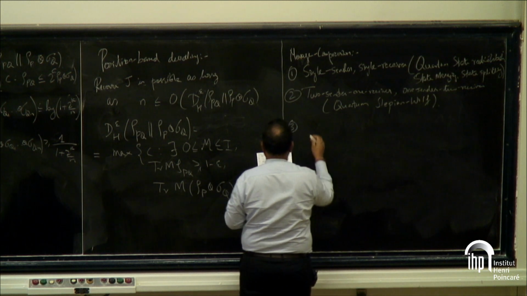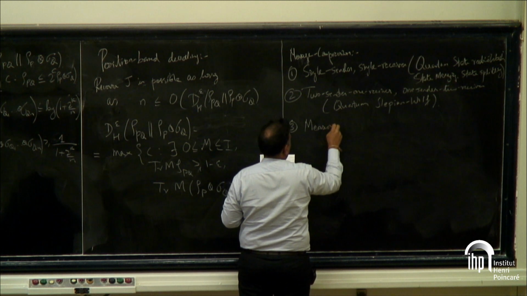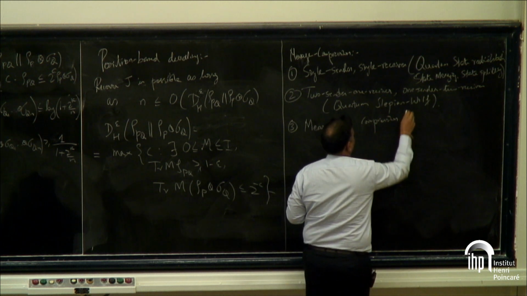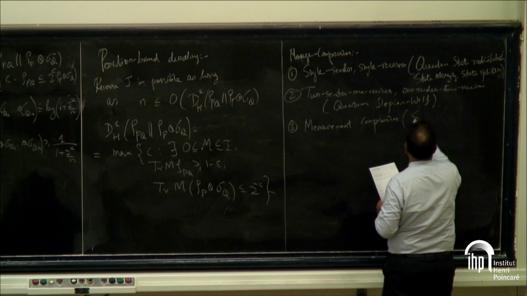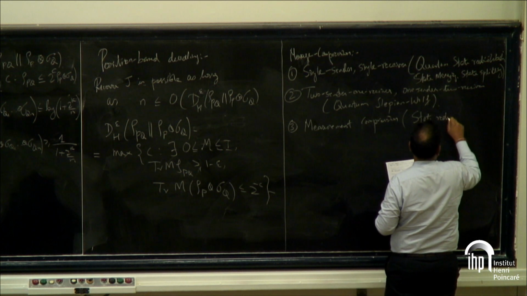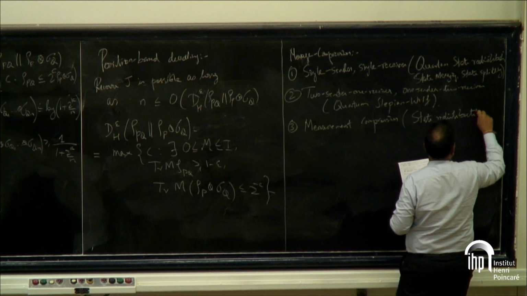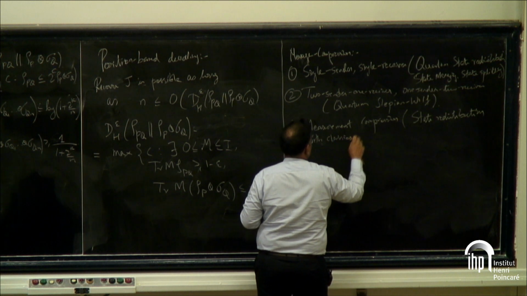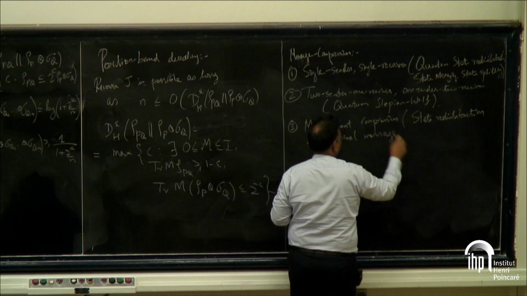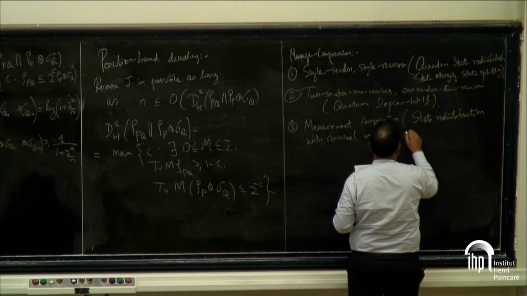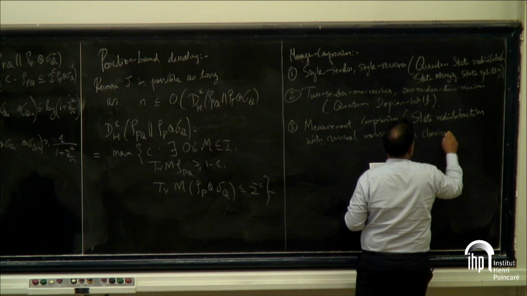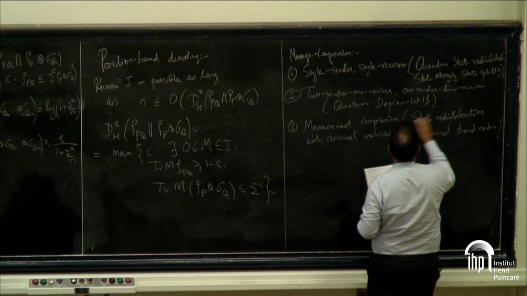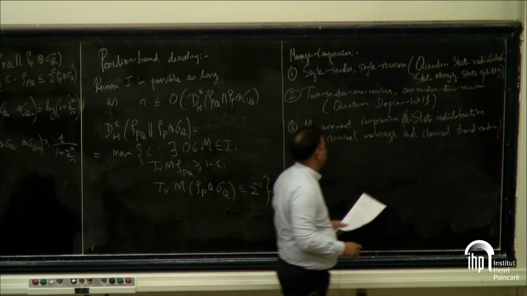Then for measurement compression, this is essentially state redistribution with classical message and classical shared randomness. So the rest of it is still quantum.